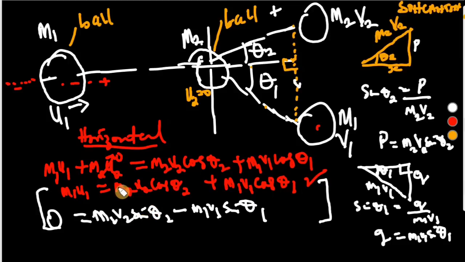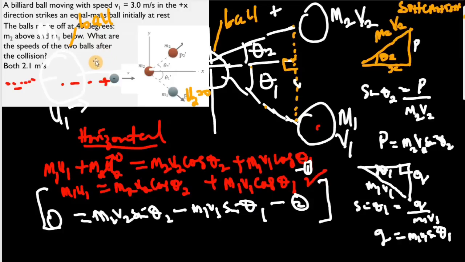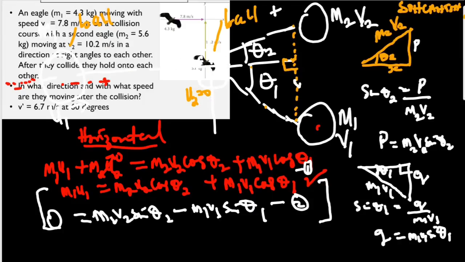If we call this equation 1 and this equation 2, you can solve them simultaneously to find the missing values. Of course, we shall solve a problem to illustrate this. These are the problems we'll be solving. This is one of the problems, and this is another problem. So stay tuned.